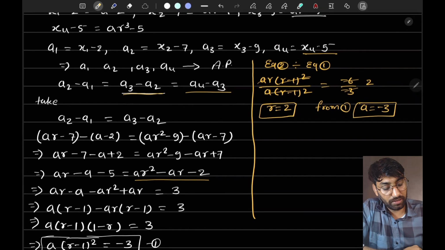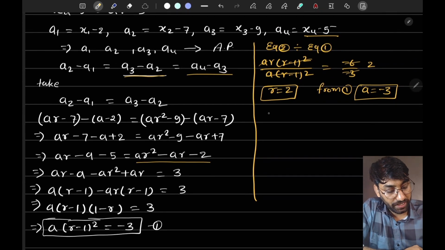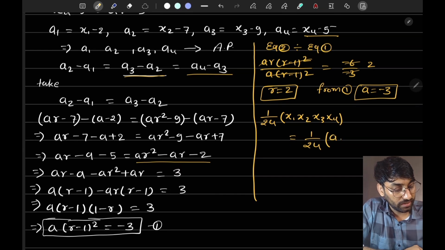So what do I need to calculate? I need to calculate 1 by 24 times x1 x2 x3 x4. That will become 1 by 24 times: x1 is nothing but A, x2 is nothing but AR, x3 is nothing but AR square, and x4 is nothing but AR cube.